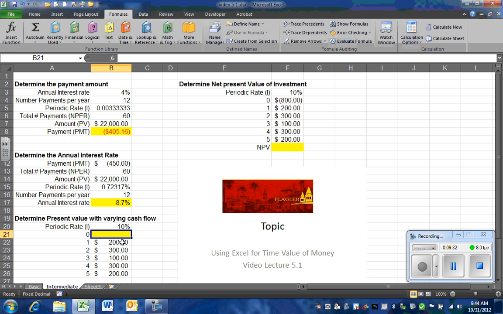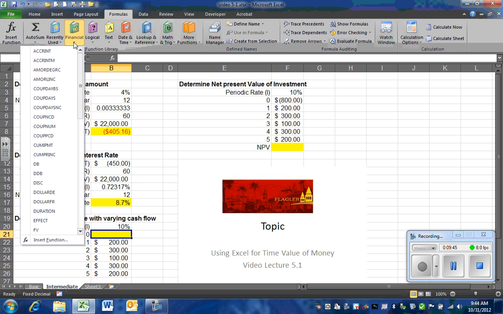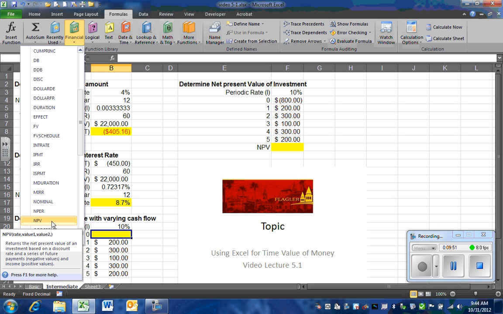And these are all cash inflows, so we're designating them as a positive amount. Now, there's a couple of different ways we can do it, but the quickest, most efficient way is to use an Excel formula known as NPV, or net present value.